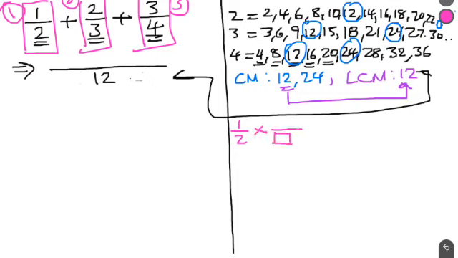We look at our denominator and we ask the question. Keep in mind this 12 here is the lowest common multiple that we just found. So 2 times what number gives us 12? The answer is 6. 2 times 6 is 12.